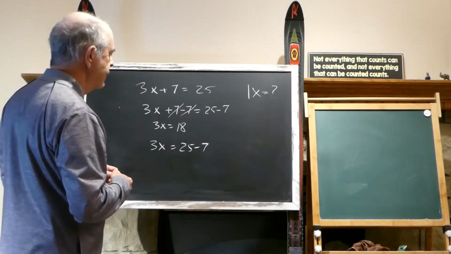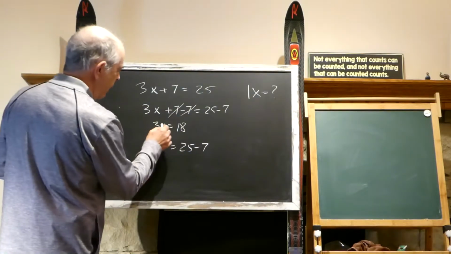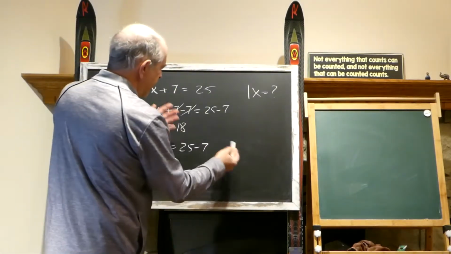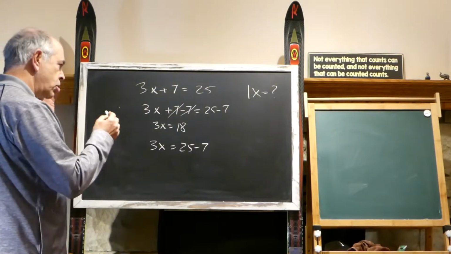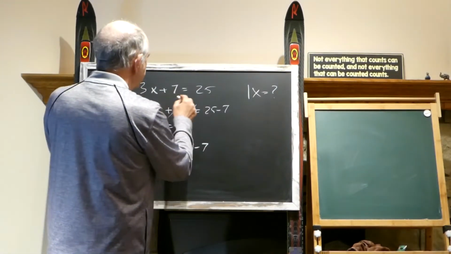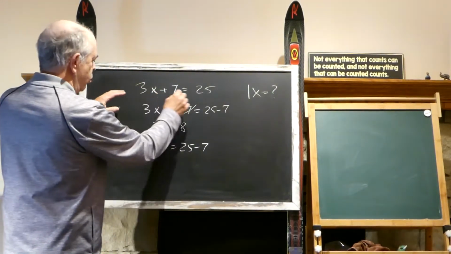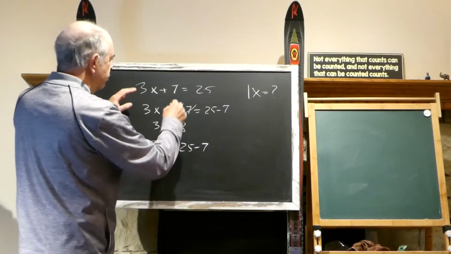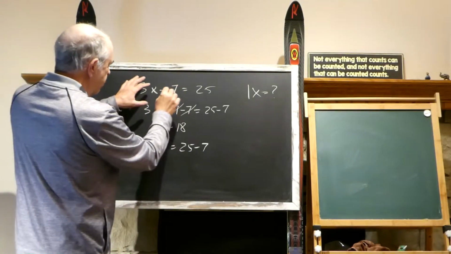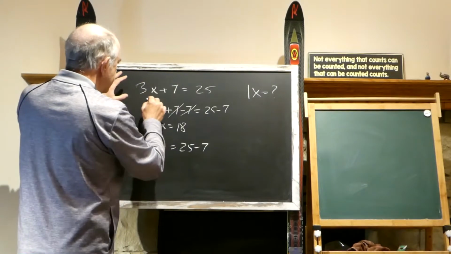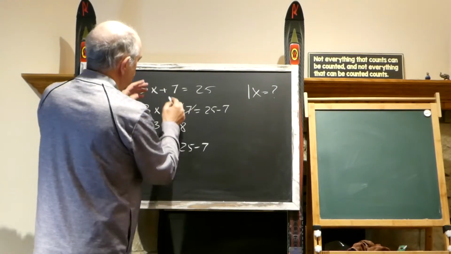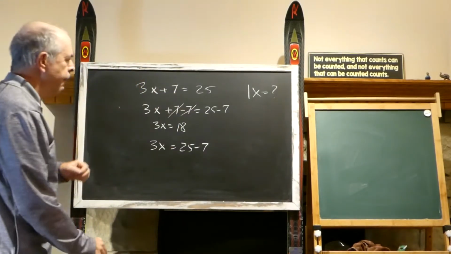Sometimes I may say simply move 7 to the other side and change the sign. But you have to be very, very careful. There is no fraction, no multiplication. The thing on the left plus this or minus this, and then you take it away. Right?